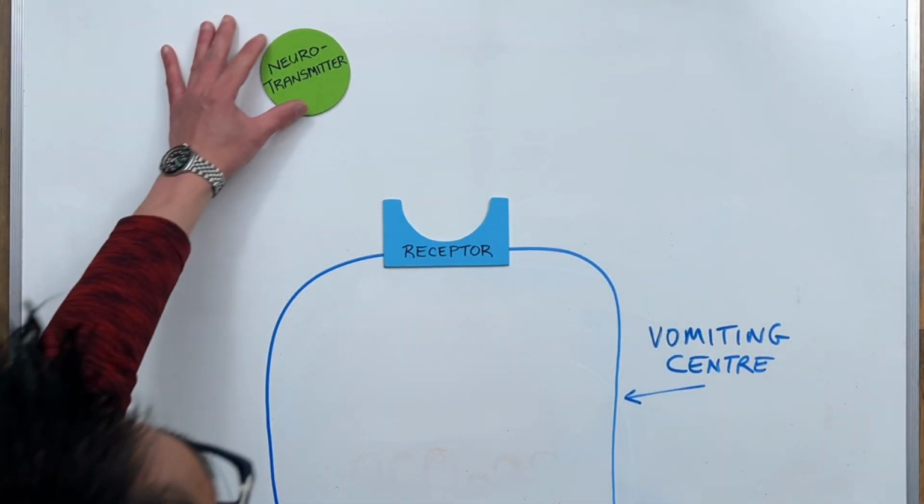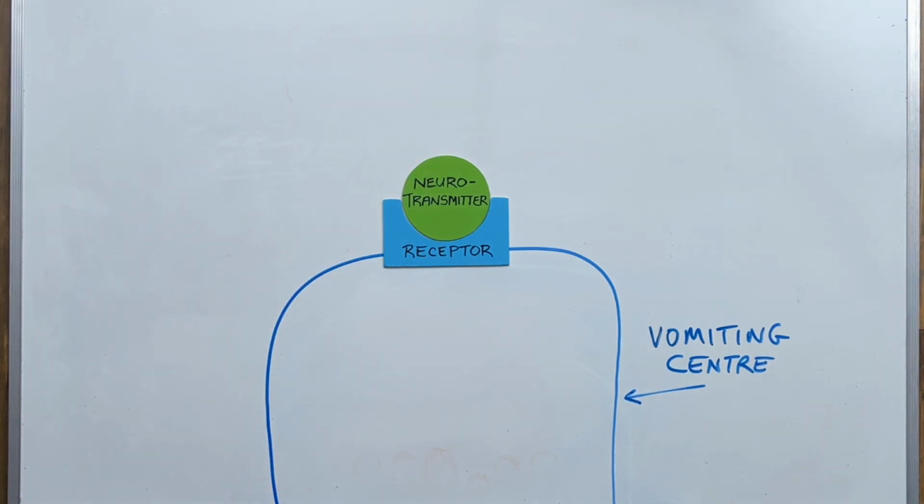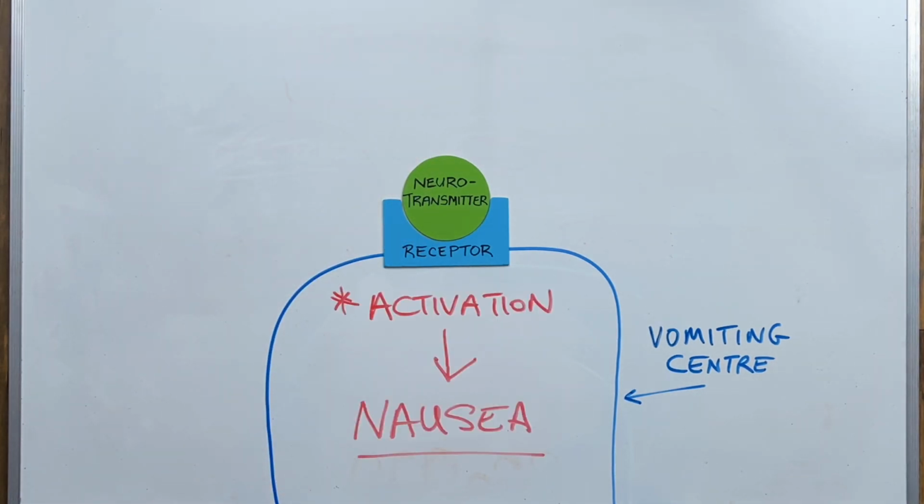As we learned in part 1, the different sources or causes of nausea use different neurotransmitters to activate the vomiting center. Here's the depiction. Specific neurotransmitters can bind to receptors in the vomiting center, and if activated, the result is nausea.